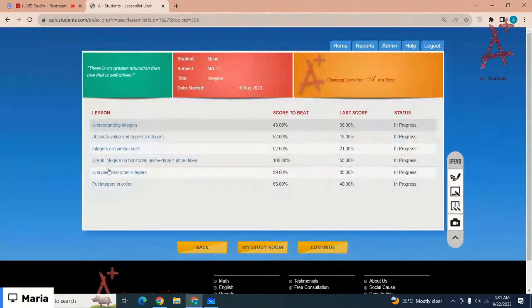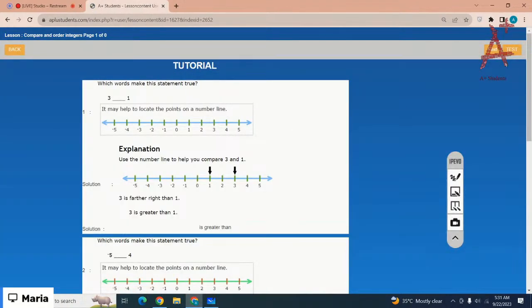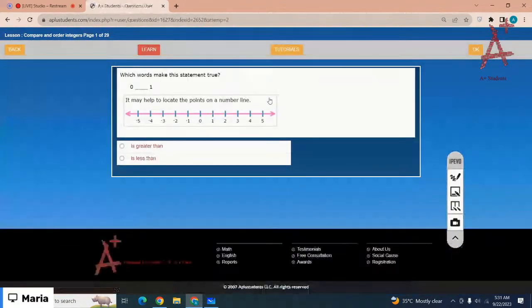The next lesson is compare and order integers. So we have discussed how, oh, I forgot to discuss order integers. Okay. Which words make the statement true? 0 and 1.